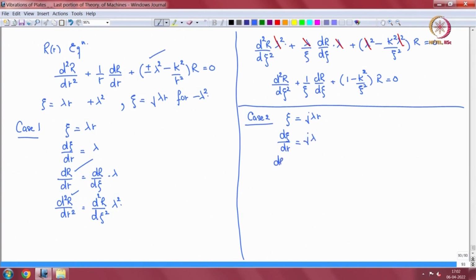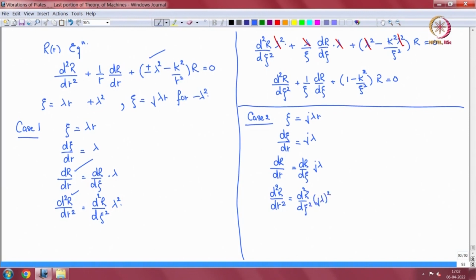Then dR by dr is dR by d xi into j lambda, and d2R by dr square is d2R by d xi squared into j lambda whole squared.